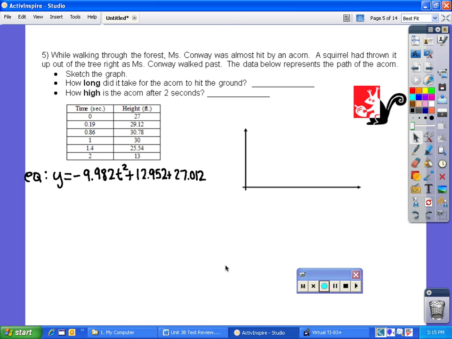Alright, so now let's find our maximum. Put this into your y equals. You know you're going to have to change your window. Your highest number is 27, so you might have to change that maximum, that y max, to 27, or something higher than 27.